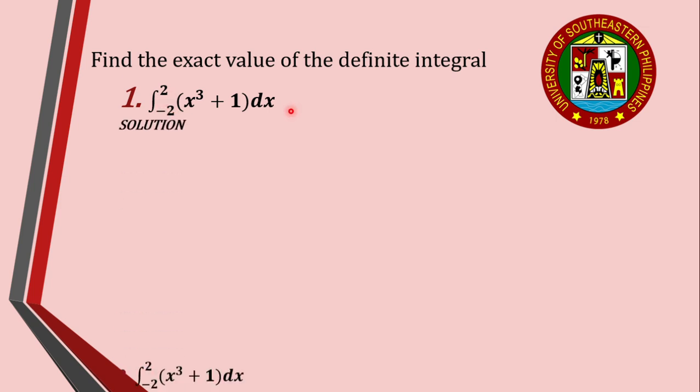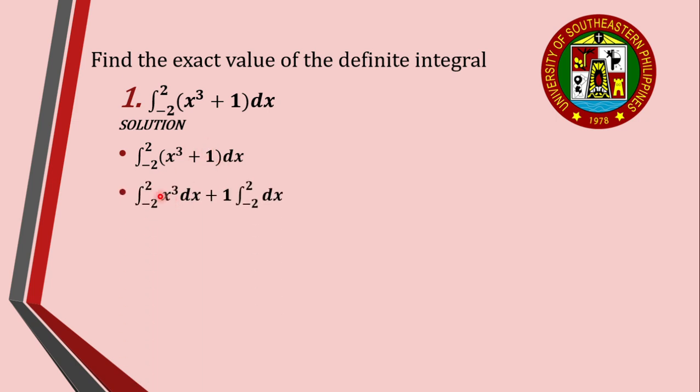So let us have our solution. For this one, we could apply the addition property of integration, or the sum of integration. We could integrate x cubed and 1 separately. As you can see here, we separated the x cubed and 1 and integrate each part of it.